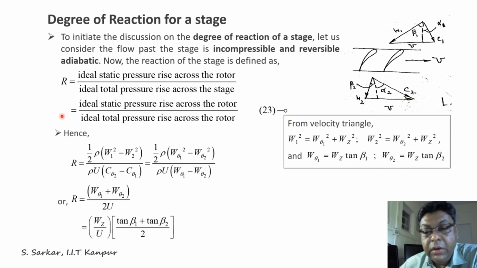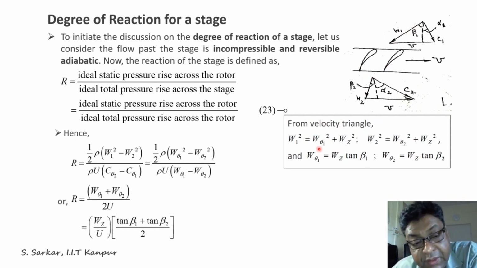Now look, for a compressor, the relative velocity decelerates. If we consider a streamline that is passing through the central plane between the two neighboring blades, then the ideal static pressure rise across the rotor can be stated as half rho (W1 square minus W2 square).